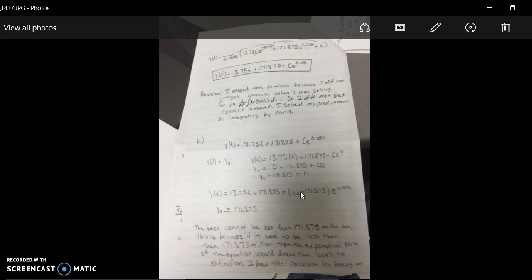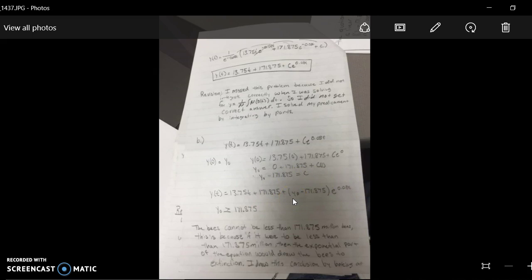Well, what is this quantity essentially meaning? These two portions right over here are just linear. And right over here, this quantity, y sub 0 minus 171.875 times e to the 0.08t, I'm going to call quantity A as linear, and this quantity B as exponential.